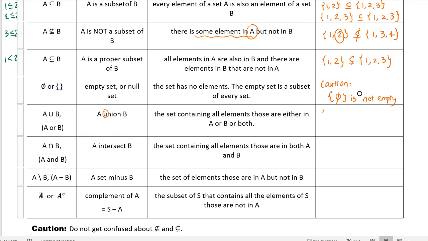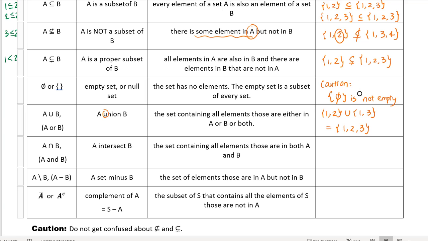For example, {1, 2} union {1, 3} is {1, 2, 3}. We just put all the elements in the set. Collect all the elements in both sets. So this is the union.